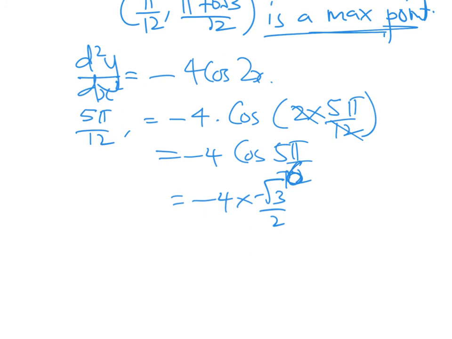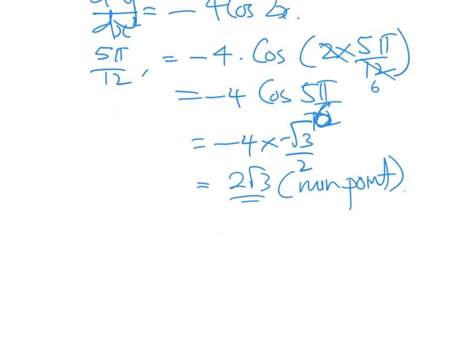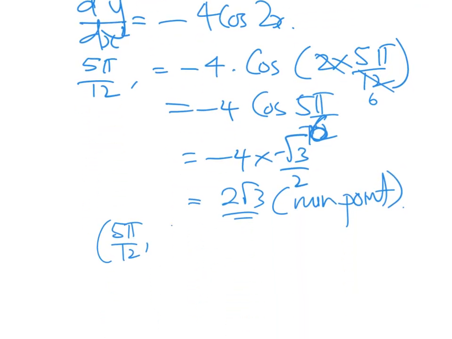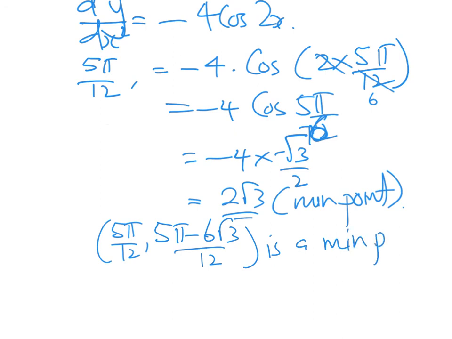That is 150, and cos 150 is in the second quadrant, which gives a negative value, so negative 4 times negative root 3 over 2, negative times negative becomes positive, so it's a positive value. If it's a positive value, then this is a minimum point. Therefore the coordinate when x equals 5 pi over 12, y equals 5 pi minus 6 root 3 over 12, is a minimum point.